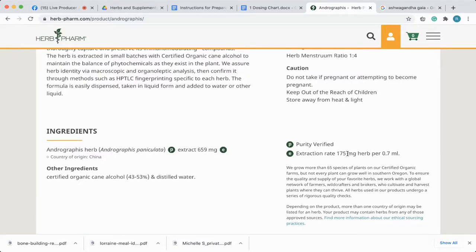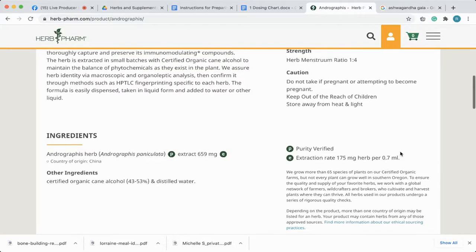There's 175 milligrams of herb per 0.7 milliliters. So if we want to give a gram or even 500 milligrams, a half a gram of Andrographis, then we need to give close to 3 times this dose, so about 2.1 milliliters.